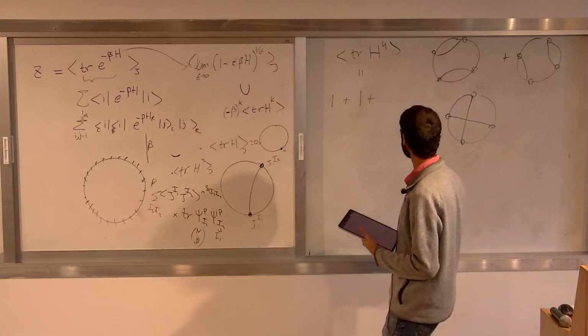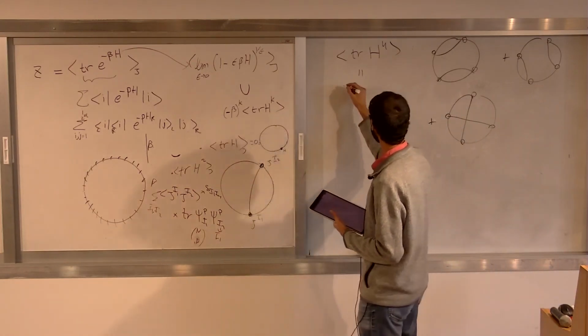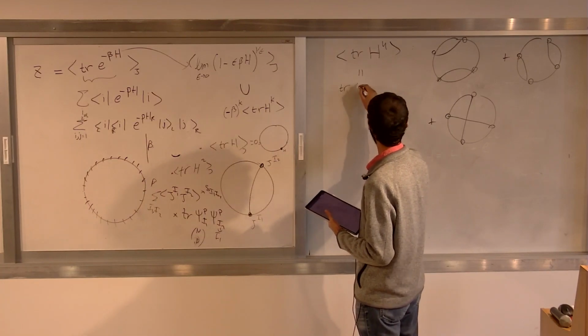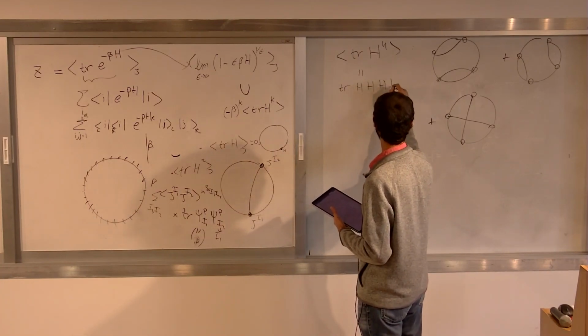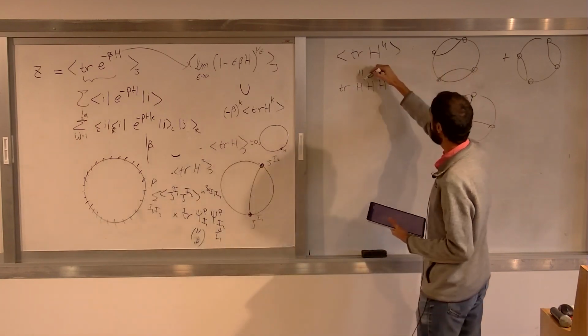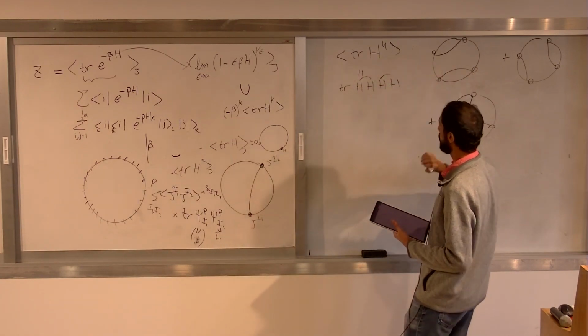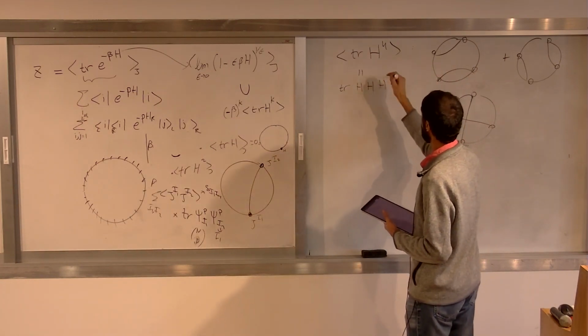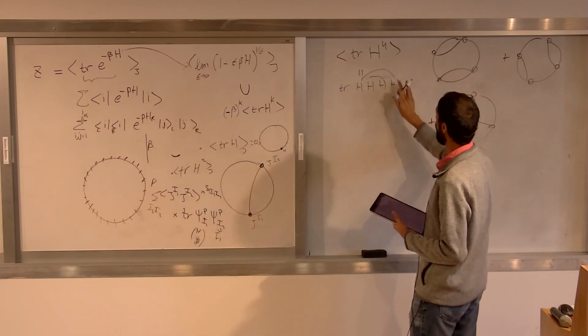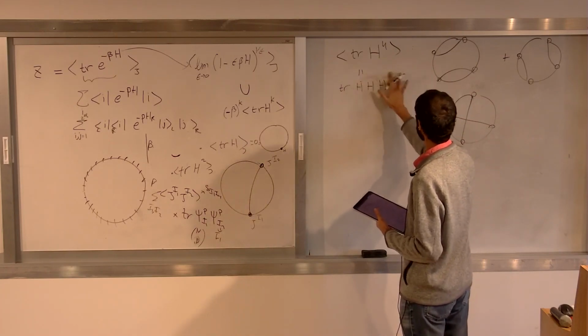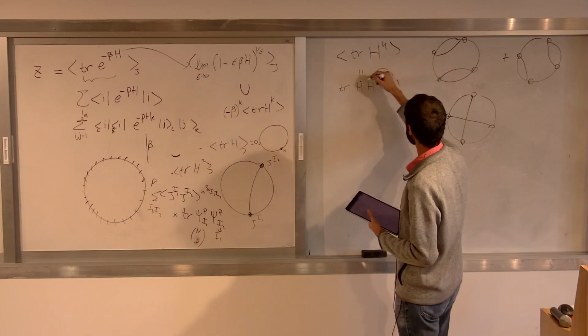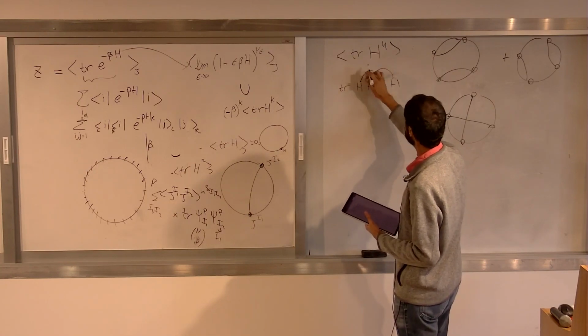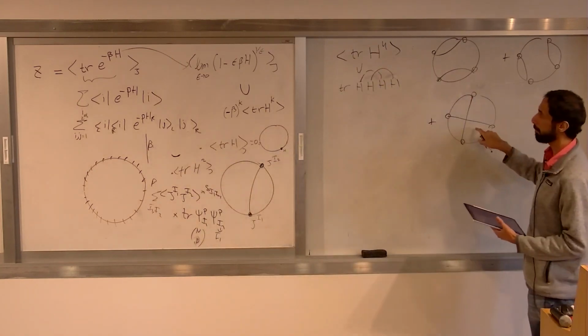Maybe I should write this as trace H, H, H, H. First two are, so there's this contraction, there's this contraction, and finally, there is this contraction. Okay? That corresponds to this case.